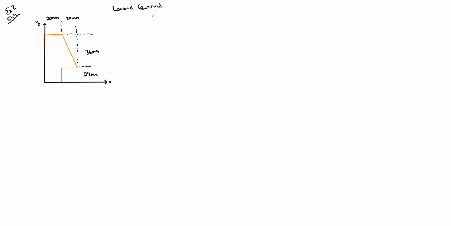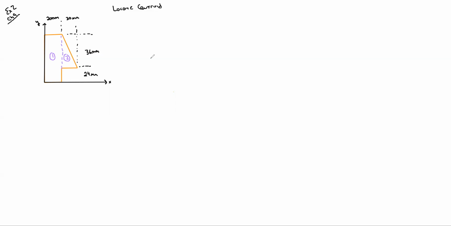There's no shape that looks like this, but there is a shape that looks like a rectangle, and there's a shape that looks like a triangle. So those are going to be the two shapes that I'm going to look at.